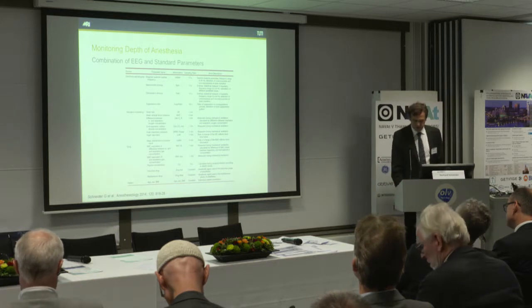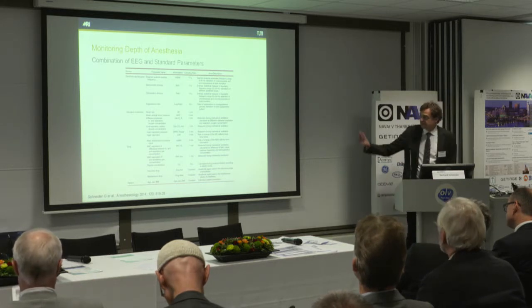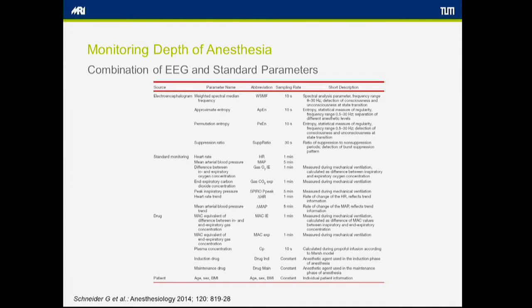Parameters were not only EEG-based parameters as seen here on the top, but there was an inclusion of standard monitoring: heart rate, blood pressure, difference between inspiratory and expiratory oxygen and anesthetic gas concentrations, a trend in mean arterial blood pressure, drug information, and this is basically what we expect from a clinical anesthesiologist to integrate as a whole field of information.